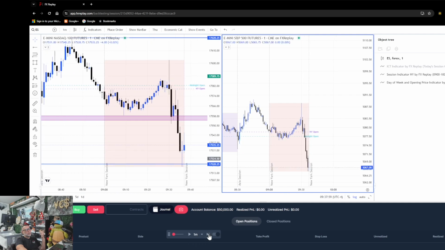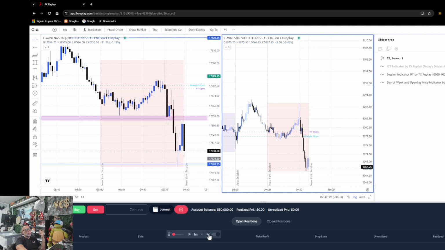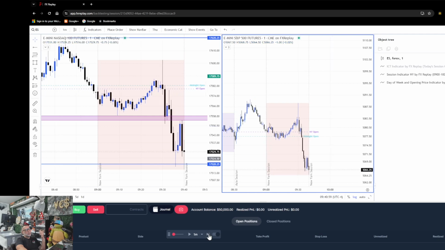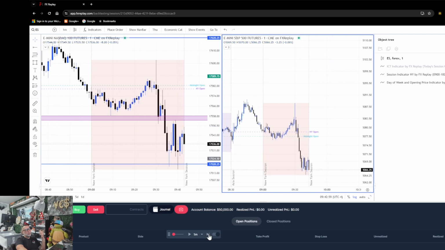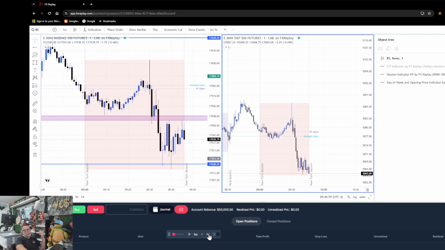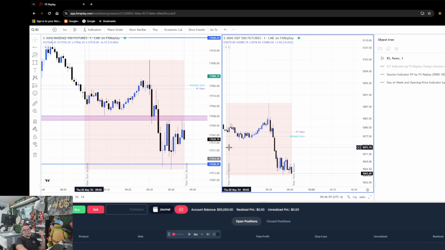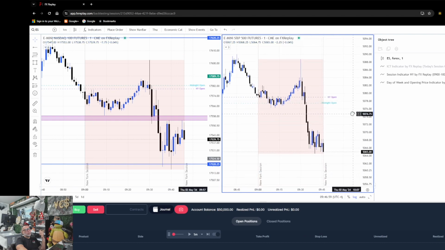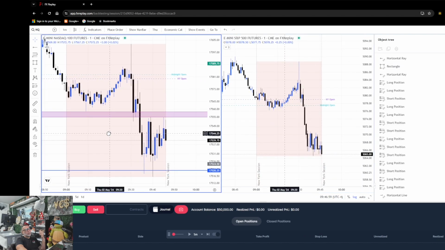Let's see, next area of interest. All right, perfect. So this fair value gap was support, but now it's resistance, right?